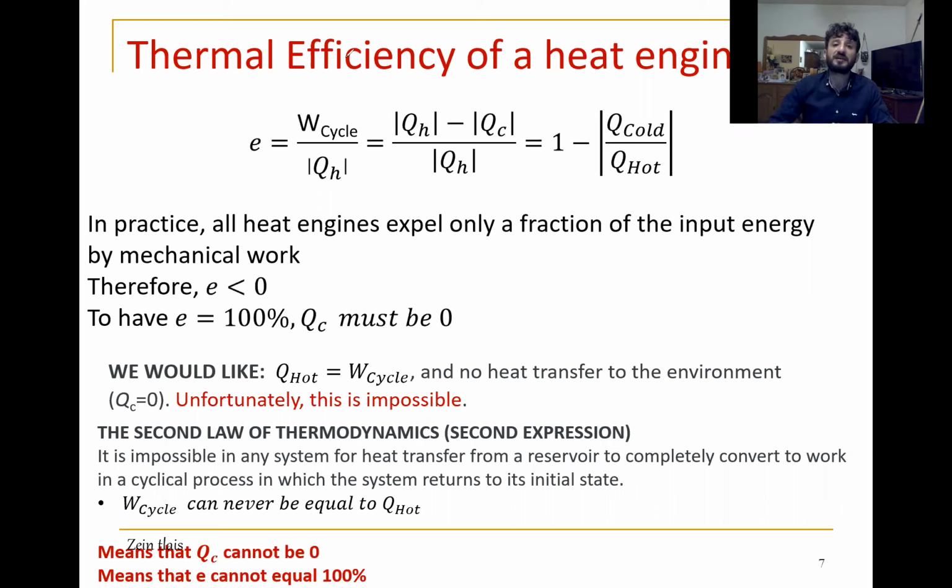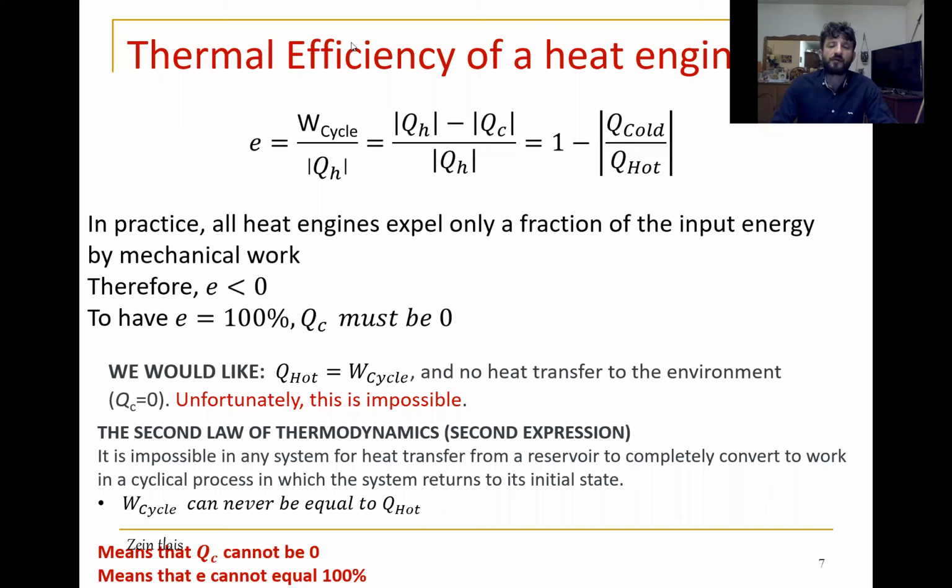If we have a low value of Q cold, we have a high efficiency. So for any cycle, we have to calculate the efficiency term, E. You can say E, or you can put it nu.